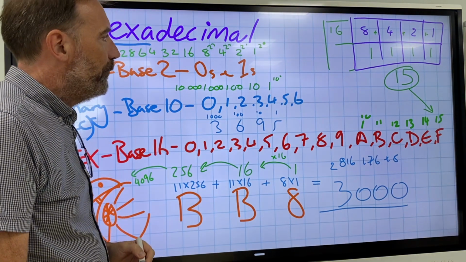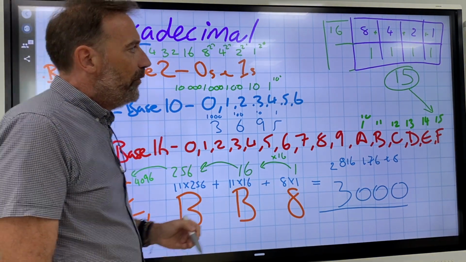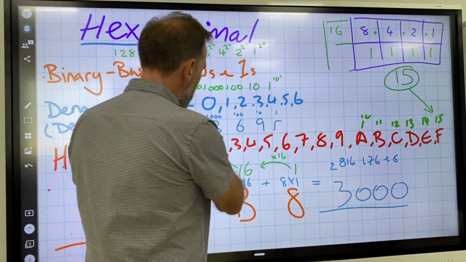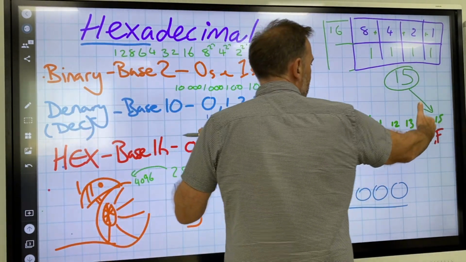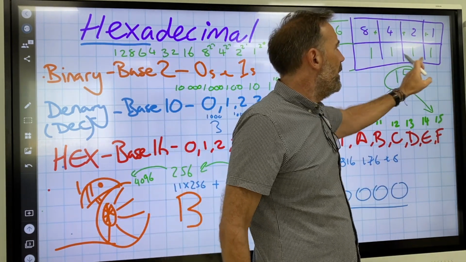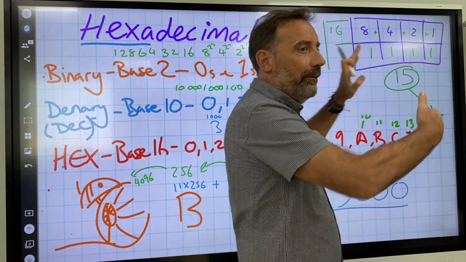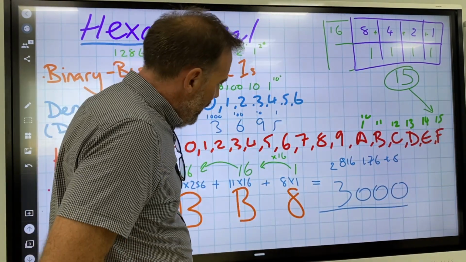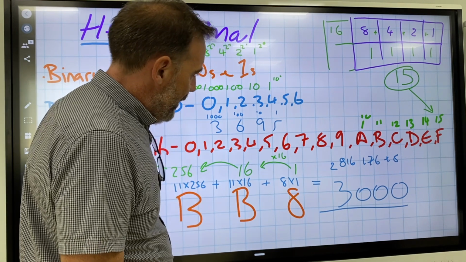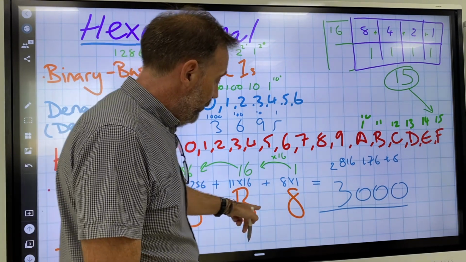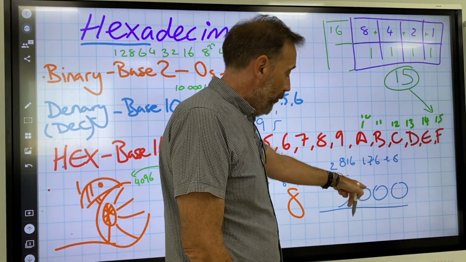So that shows that each number or letter in the hexadecimal system can be represented in a nibble. I'm going to prove that to you now. If I take BB8, we know it's 3,000. So 3 characters, 4 characters.